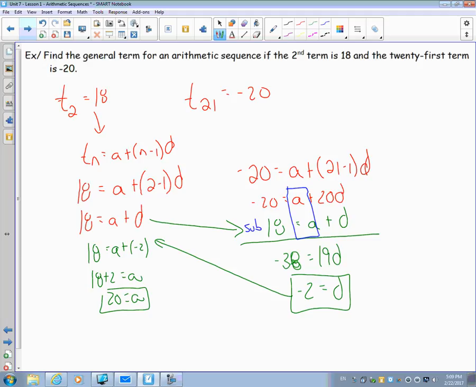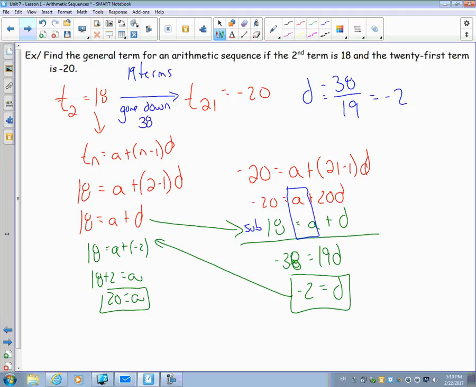So that's the math way of figuring out a and d. Common sense way. Okay. 19 terms. That's the difference between the second term and the 21st term. And we've gone down from 18 to negative 20. So haven't we gone down 38? So what is negative 38 divided by 19? Well, that's my difference.